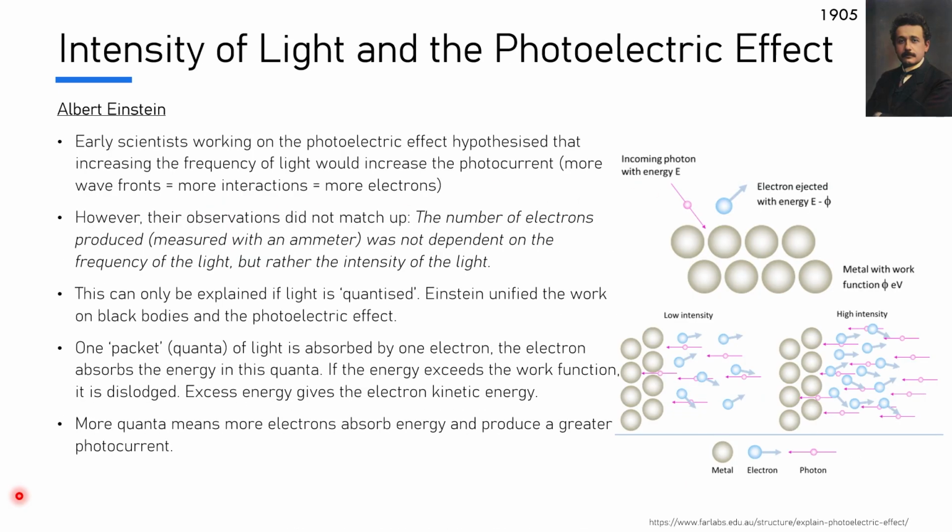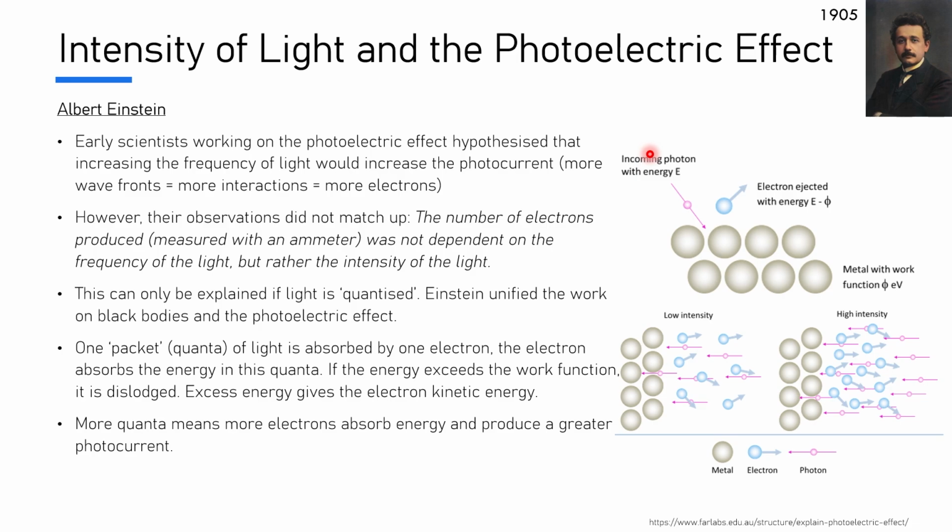And the idea of light energy existing in quantized photons was experimentally proven when the photoelectric effect was demonstrated and explained. The results of these experiments showed that the number of electrons produced depended on the number of photons incident to the metal.